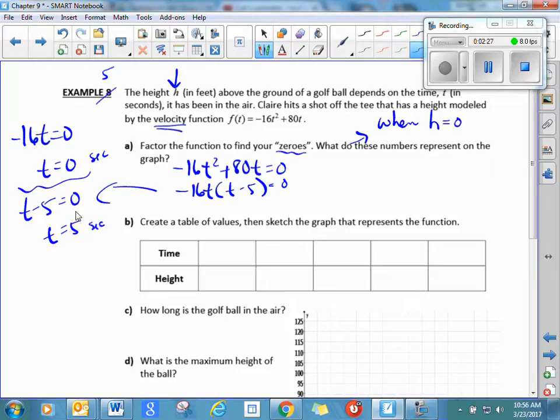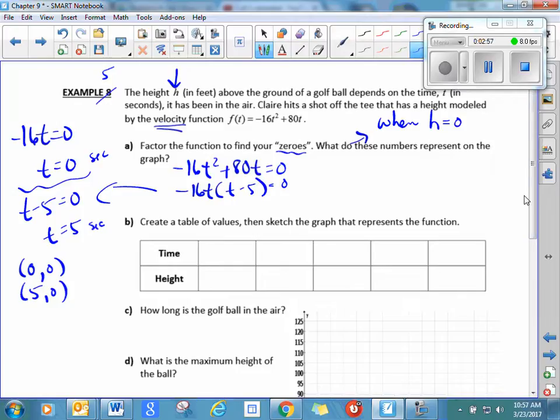That means that at 0 seconds, before she's ever hit it, and at 5 seconds, her ball is on the ground. It leaves at 0 seconds, and it is back down at 5 seconds. These are the 2 points on the x-axis where y is 0, and the x-coordinate is 0 and the x-coordinate is 5. We could write these as ordered pairs, and we're going to use that in a minute to graph.